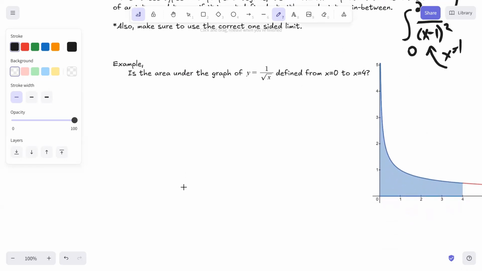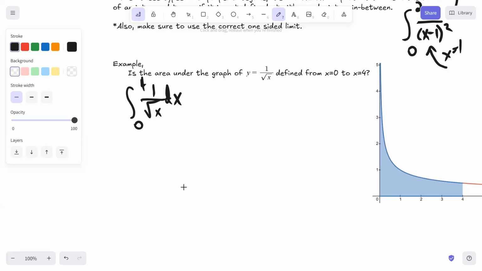Also, make sure you're using the correct one-sided limit. Here we have the area under the graph of y equals 1 over square root x, and we want to know, is that defined from 0 to 4? Previously we did the integral from 1 to infinity of 1 over root x, and we saw that it was undefined. But here we can't apply that theorem of 1 over x to the p because we're not going from 1 to infinity. So we're looking at the integral from 0 to 4 of 1 over square root x.